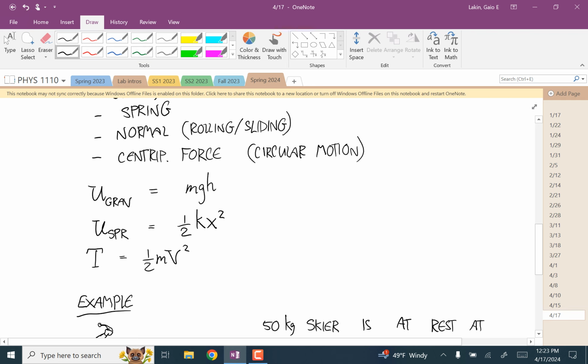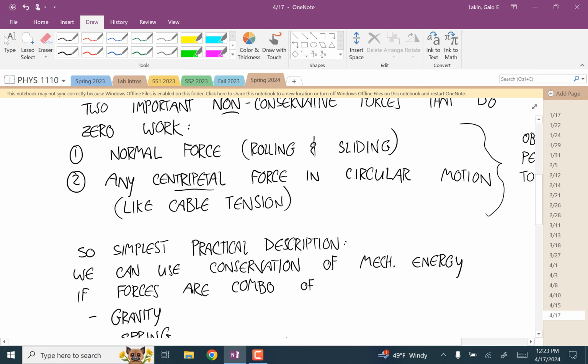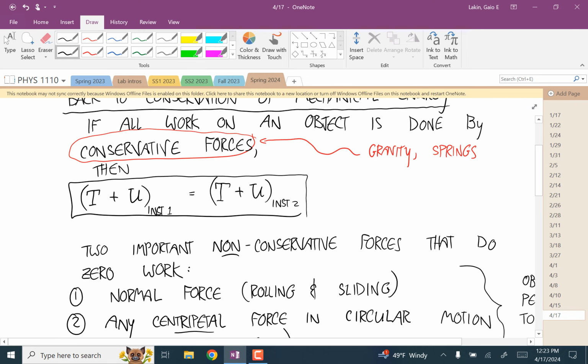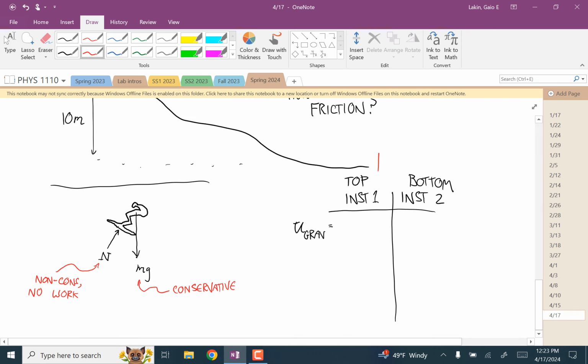What are we measuring the height compared to? Well, if you look at this equation, notice that all that's going to matter is the difference in potential energy, which means as long as you're consistent, you can choose anything you want as your height equals 0. I usually just choose the lowest point in the problem I'm doing. So I'm going to call this height equals 0 at the bottom of the hill. But you could do it at the top of the hill too, or somewhere in the middle, or wherever you want.